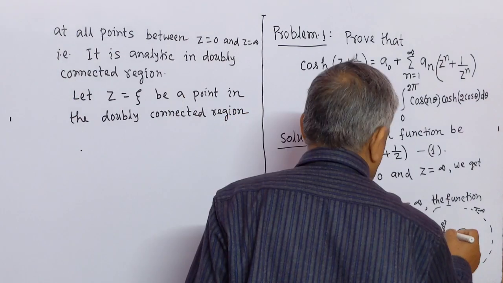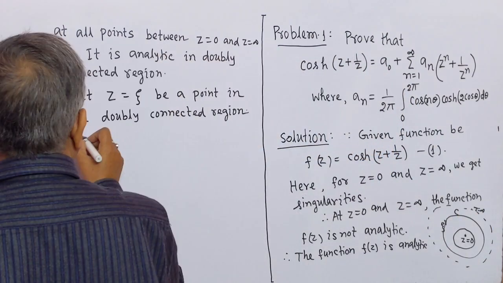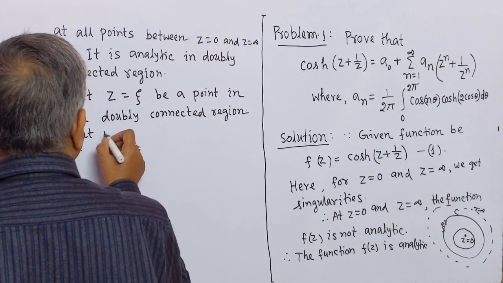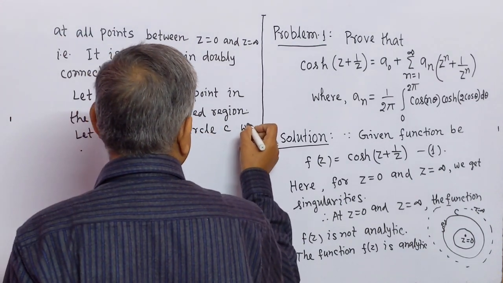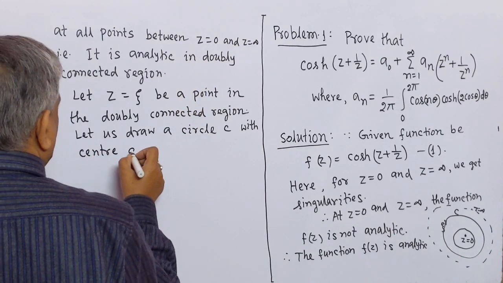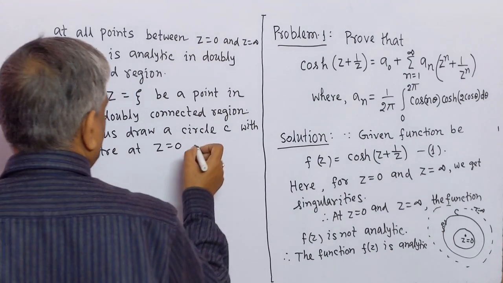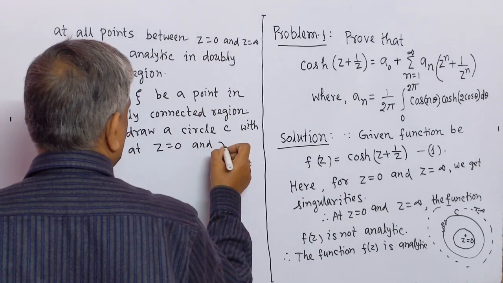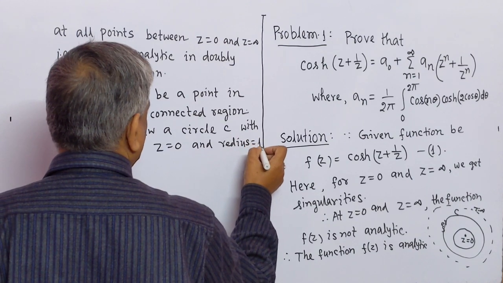Therefore, let us draw a circle C with center at z equal to 0 and radius equal to 1.